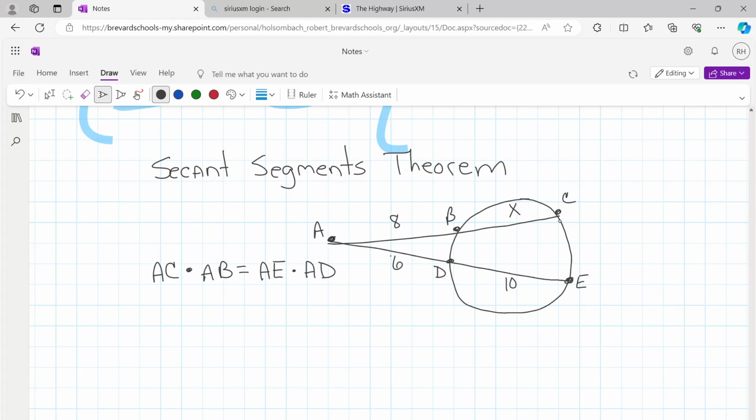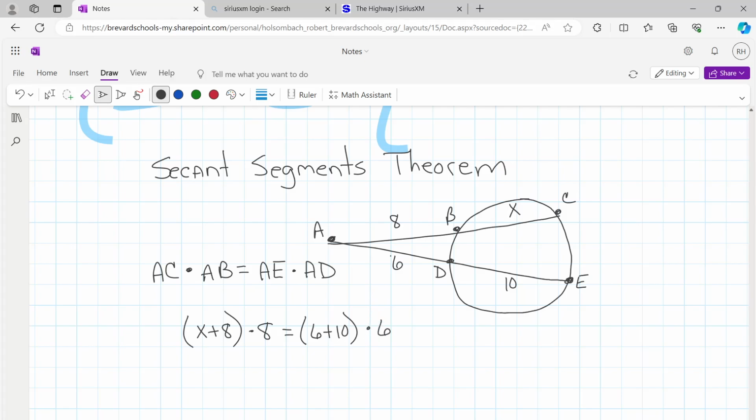This entire piece, AC, is equal to X plus 8 times its outside piece, which is 8, is equal to the entire second secant, which is 6 plus 10, times its exterior piece, which is 6.